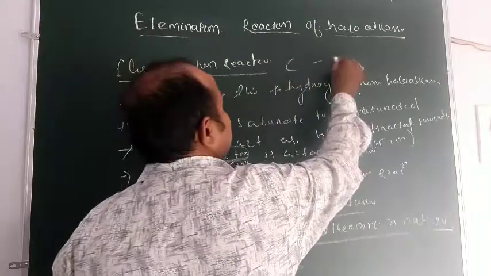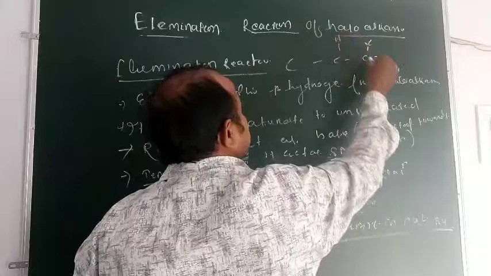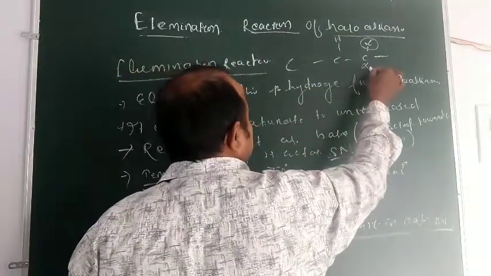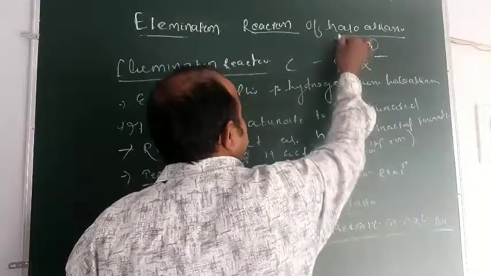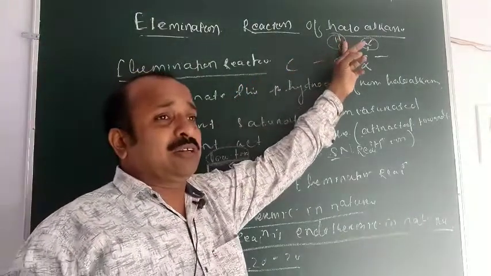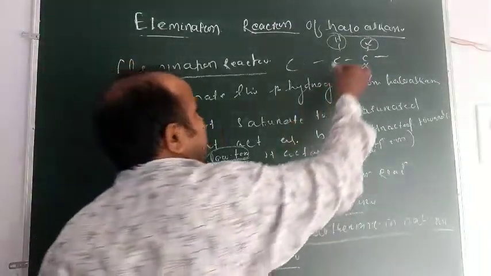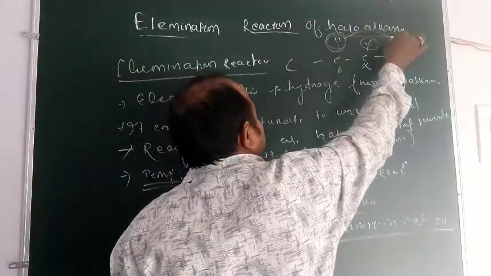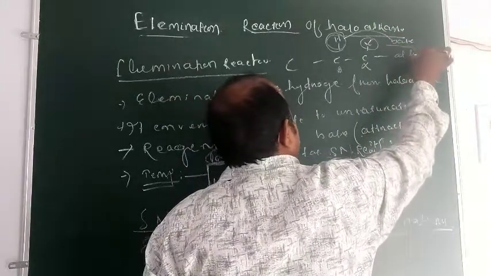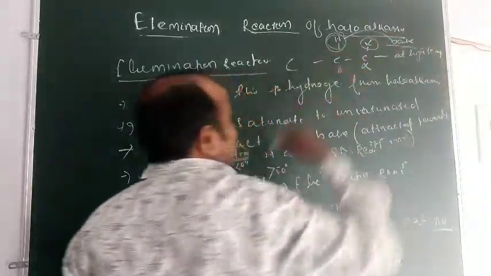Suppose here is X, which is the functional group. This is the alpha carbon and this is the beta carbon, and these hydrogens are called beta hydrogens. This hydrogen is attracted by a base at a high temperature, with the heat.